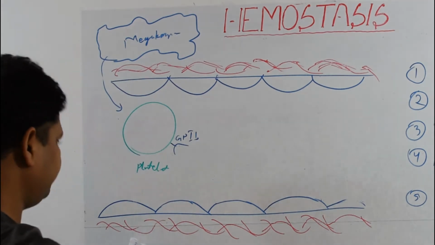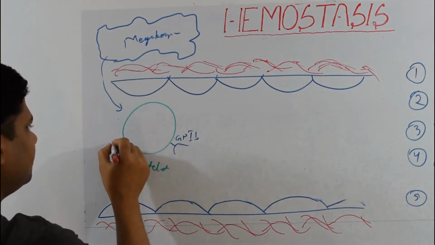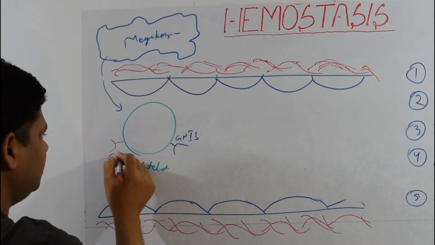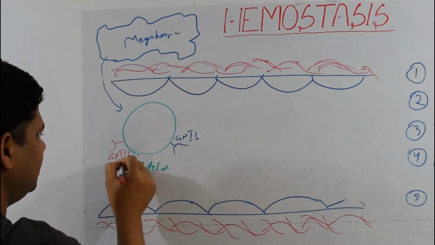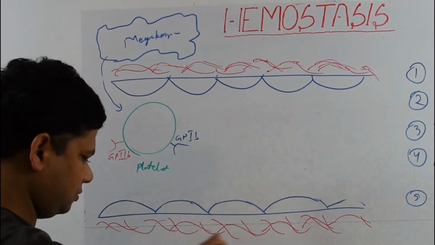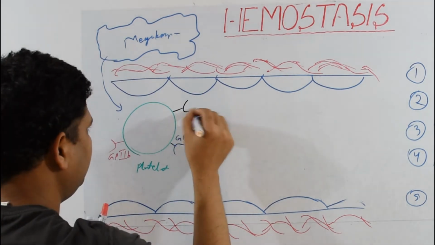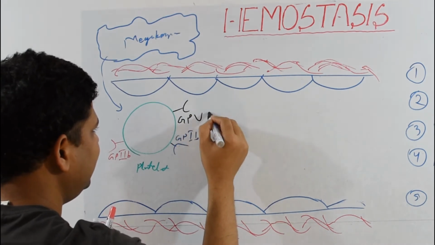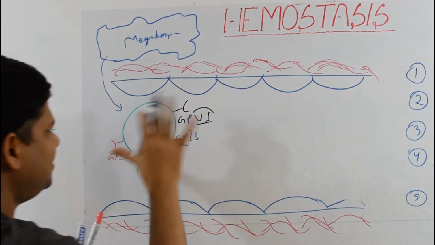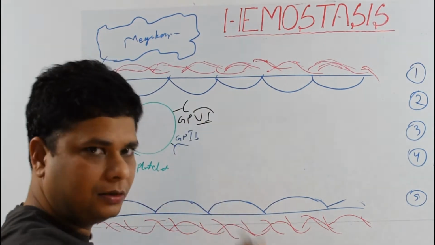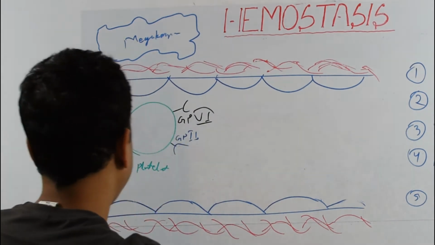Second, glycoprotein 2B. And the third one, glycoprotein 6. So these three are important glycoprotein receptors present on the platelet.